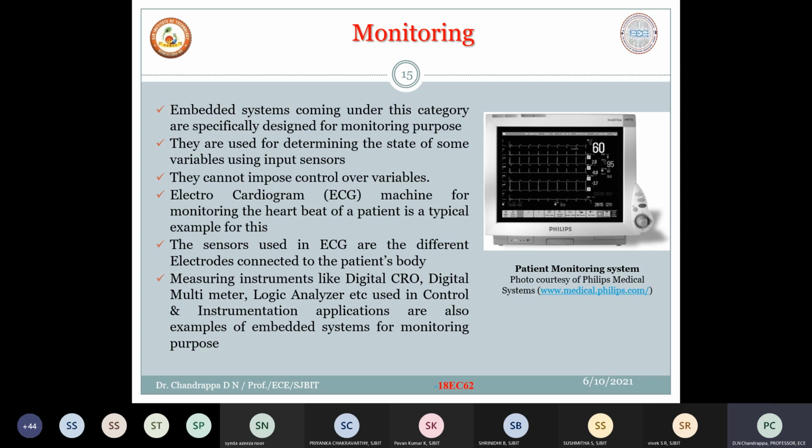Maybe ECG, maybe echo, all these things you have to monitor by using embedded systems. The sensors used in the ECG are the different electrodes connected to the patient's body. I hope you are aware of how the ECG monitoring works. The ECG monitoring is only for that time.